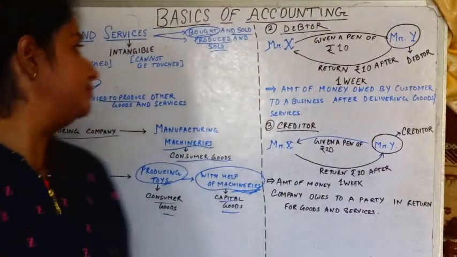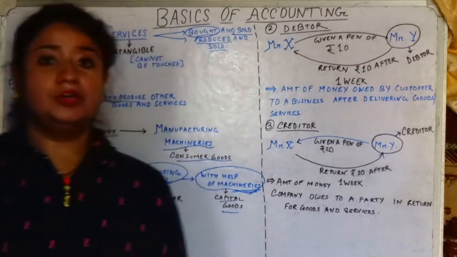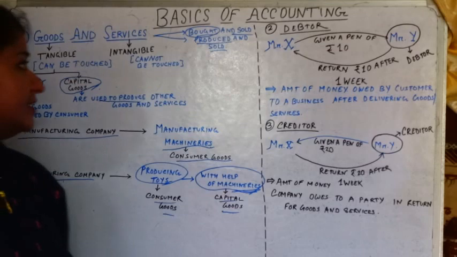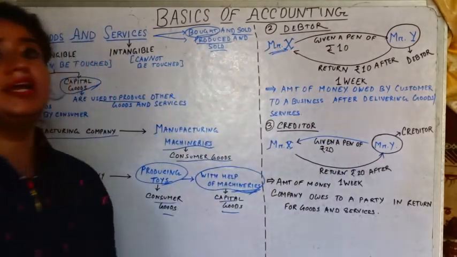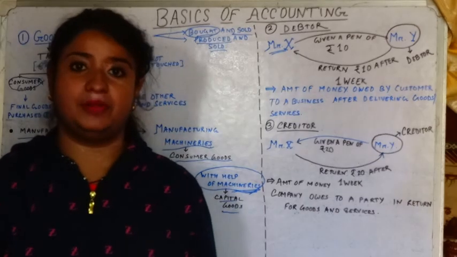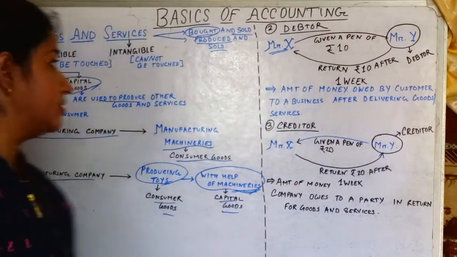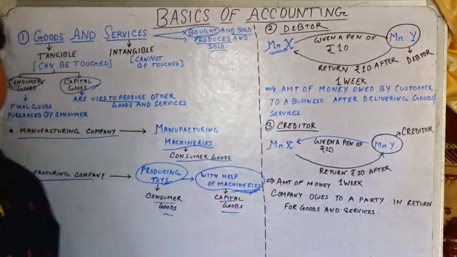Let's see the next term, debtor. You must be familiar with the term debtor, so let's see what that is. I am starting with a very simple layman example so that it becomes very easy for you to grasp the whole concept. Mr. X and Mr. Y are two friends.